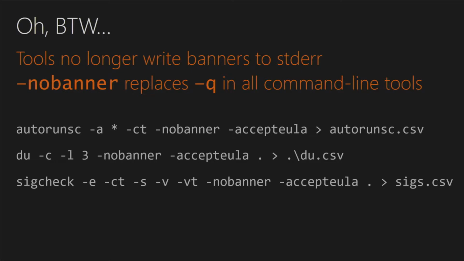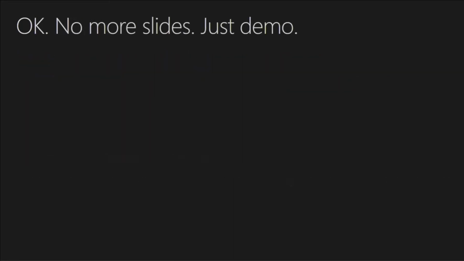It's really particularly useful when you're using -C or -CT for comma-separated values or tab-delimited values. So you don't want that banner in there. Okay with this? This is the last slide.